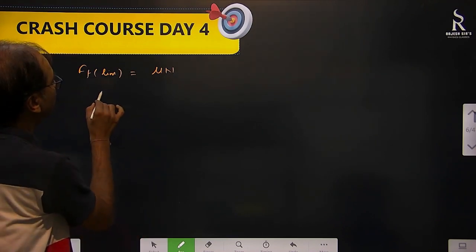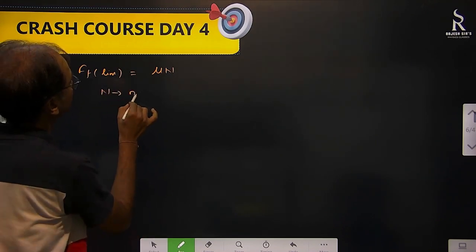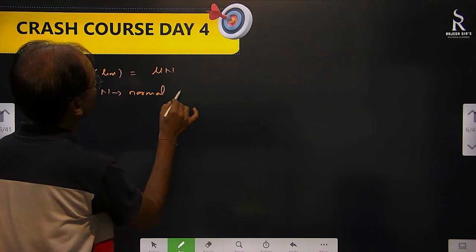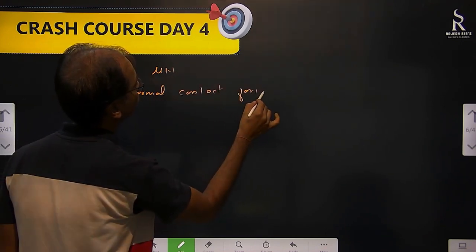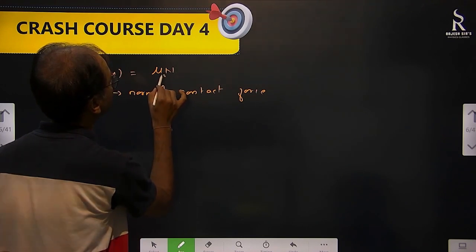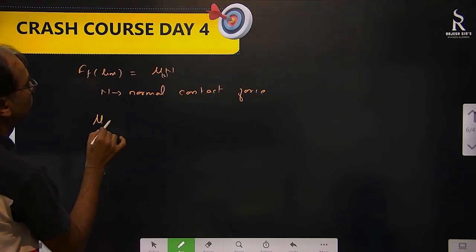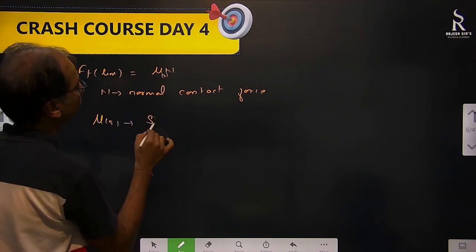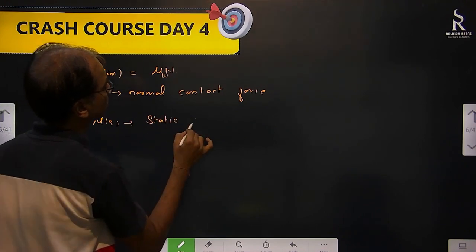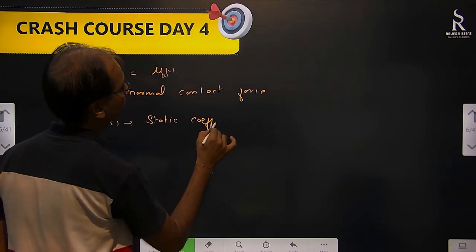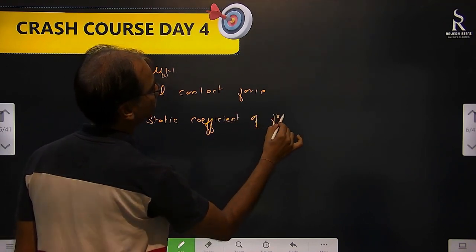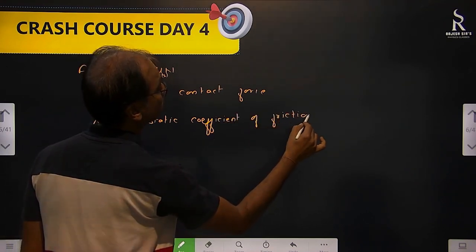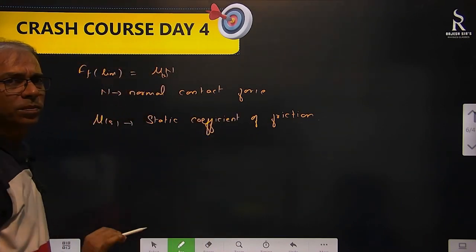N is normal contact force, and this mu is also mu s, we will write mu s. Mu s is static coefficient of friction. This is maximum value of friction possible.